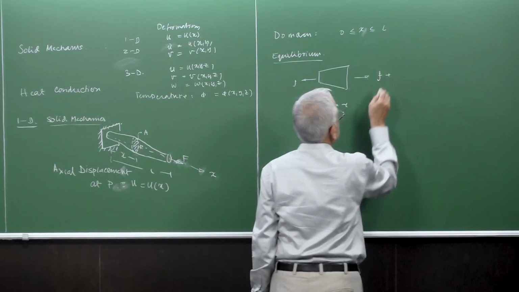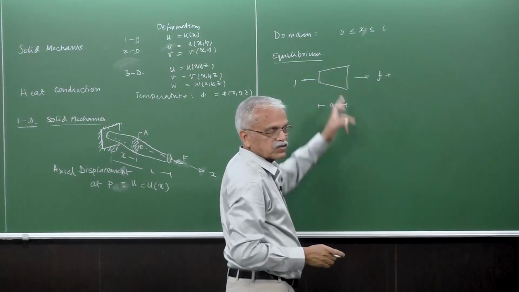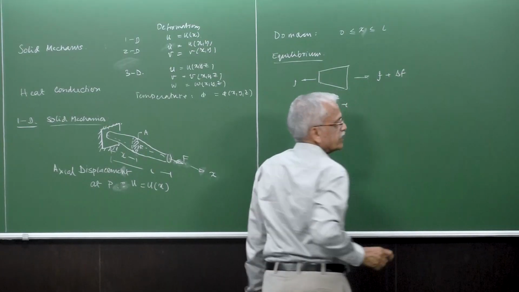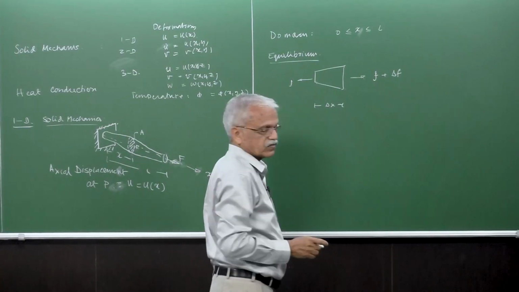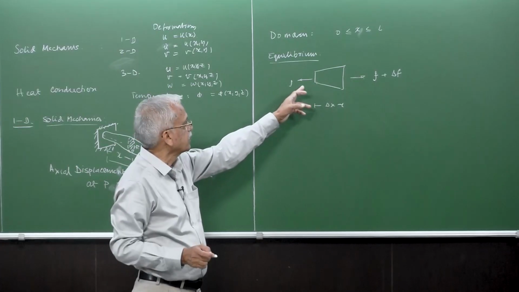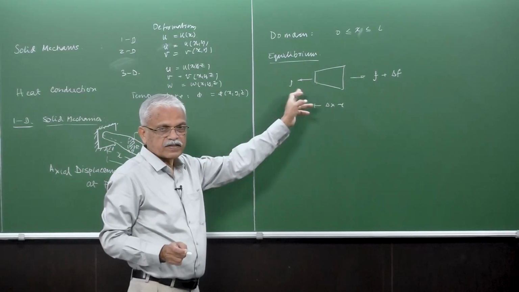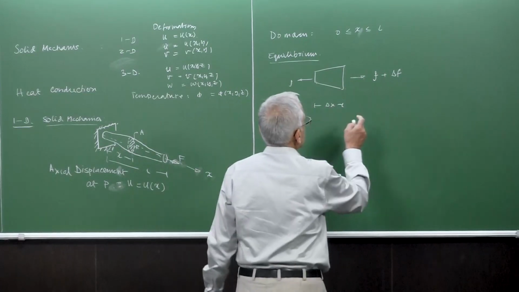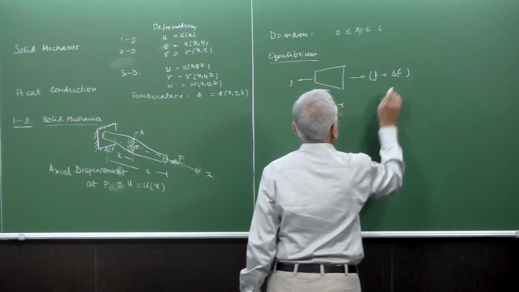But obviously this F is not the same as this one; it may be different. In fact, F is a function of x. This isolated free body diagram, with the internal force now acting as an external force, is a function of x.